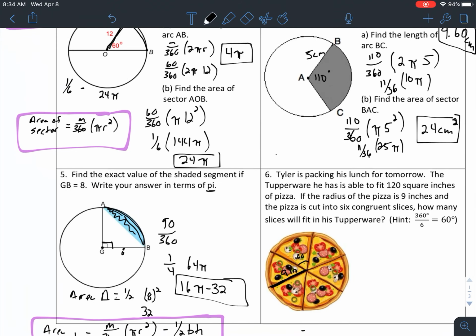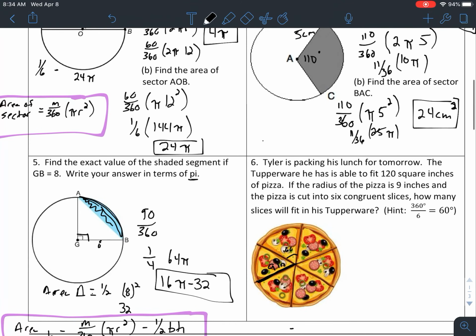We have to find the area of the sectors, okay? Because what we're doing is we're going to find out how many of these that we can fit. So what we're going to have to do is it's going to be 60 over 360, because I'm going to use the area of a sector, times pi r, our radius is 9, squared.